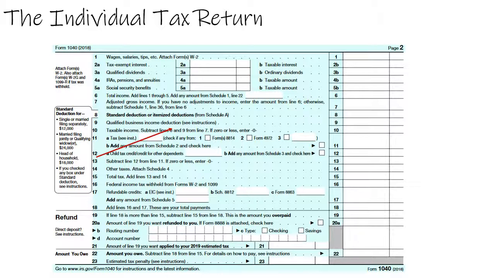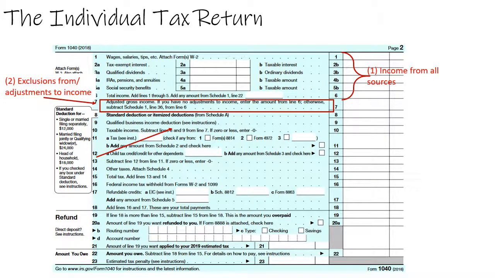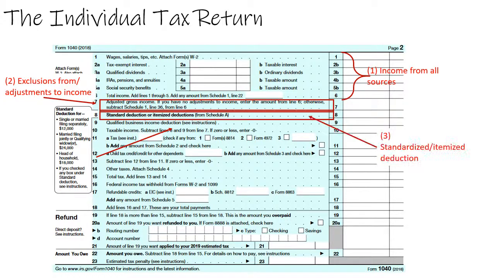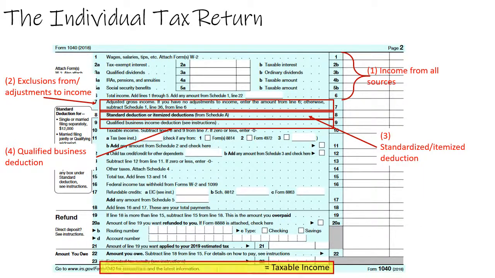This is part of the Form 1040, page 2. In Unit 14, we computed the individual tax liability, starting with the income from all sources, deducting the exclusions from or adjustments to income, deducting the standardized or itemized deduction as the case may be, and finally, if applicable, deducting the qualified business deduction.